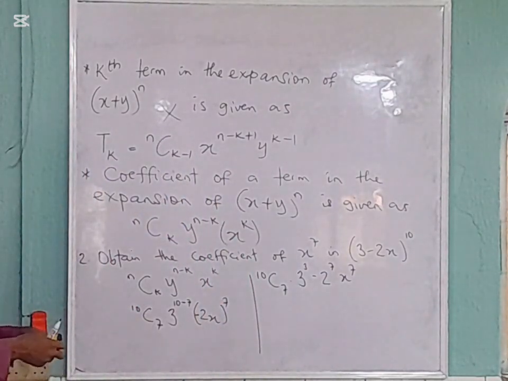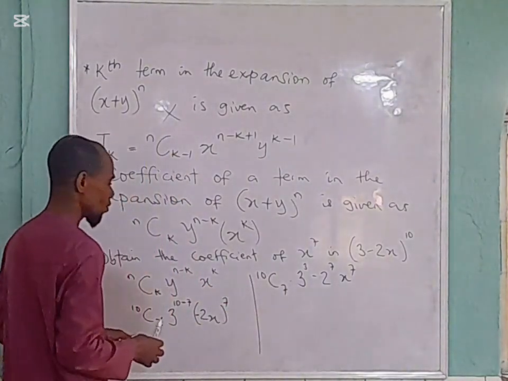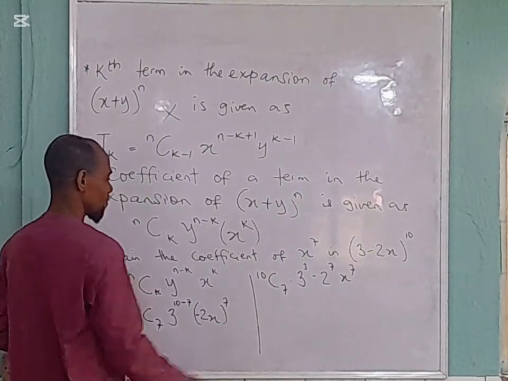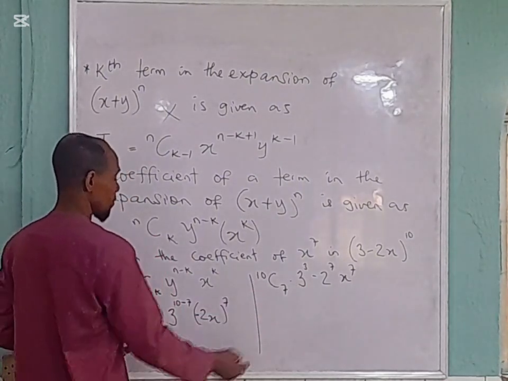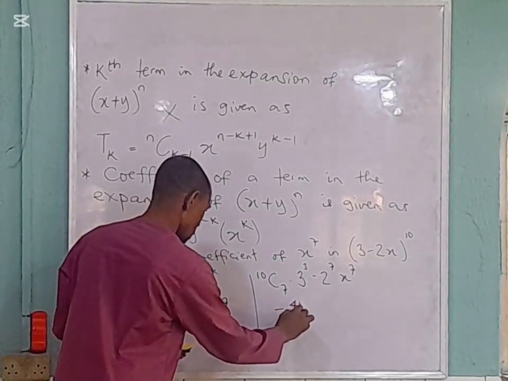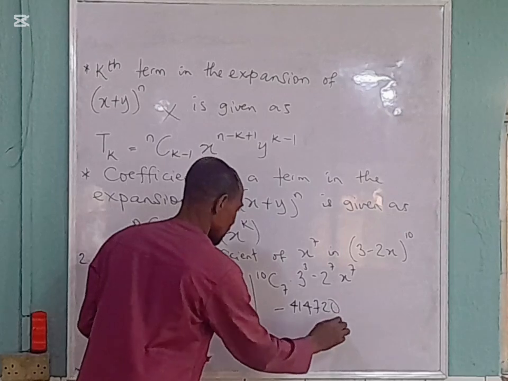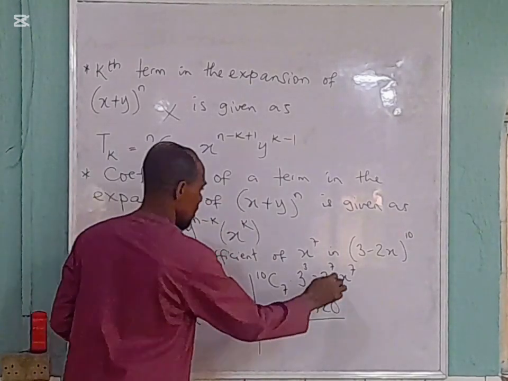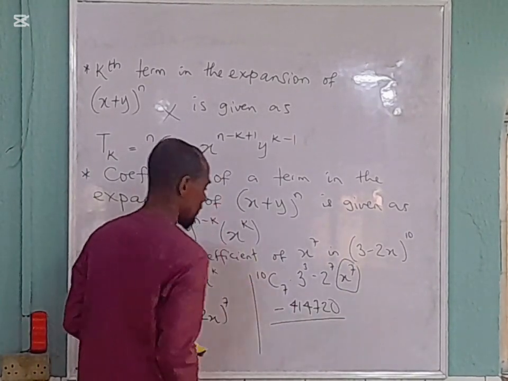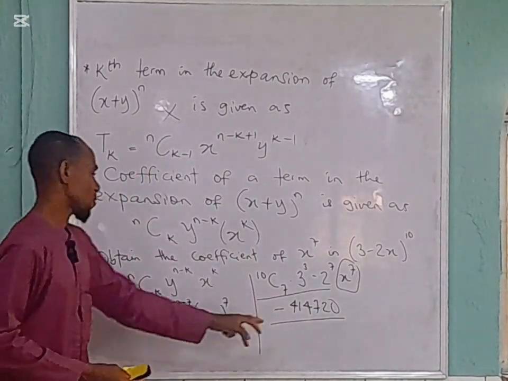That's minus 2 power 7, then x power 7. When you do that, your calculator computes 10 combination 7 times this 27, then times minus 128. You're going to arrive at minus 414,720. That's actually the coefficient of x power 7. So what we need is just this, and that's the coefficient.